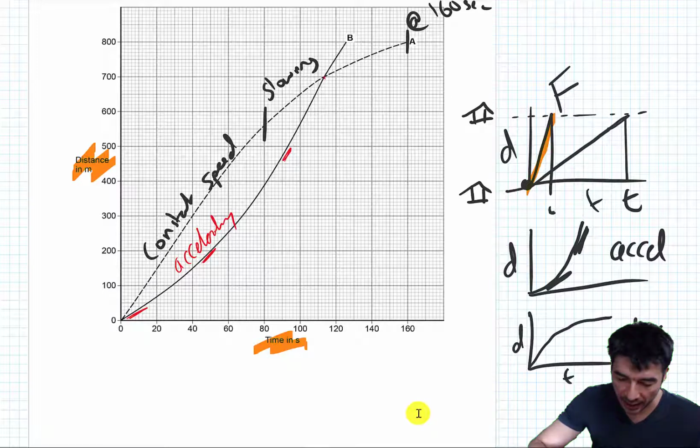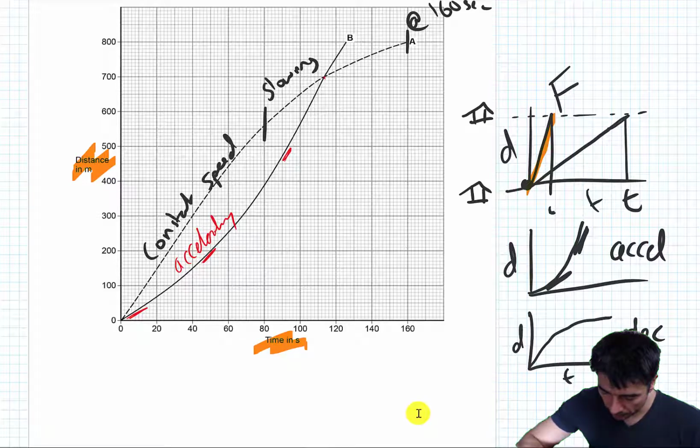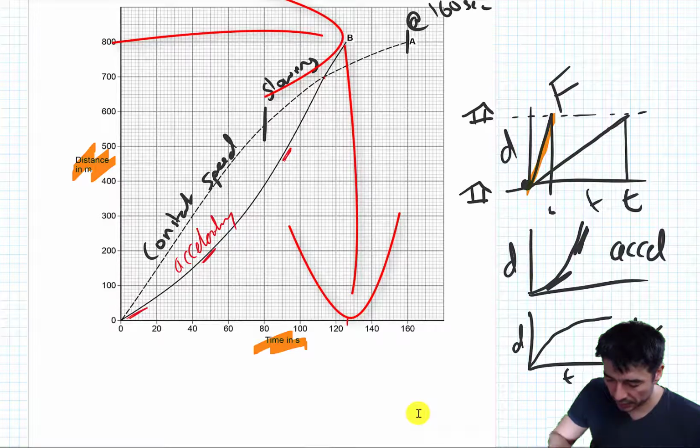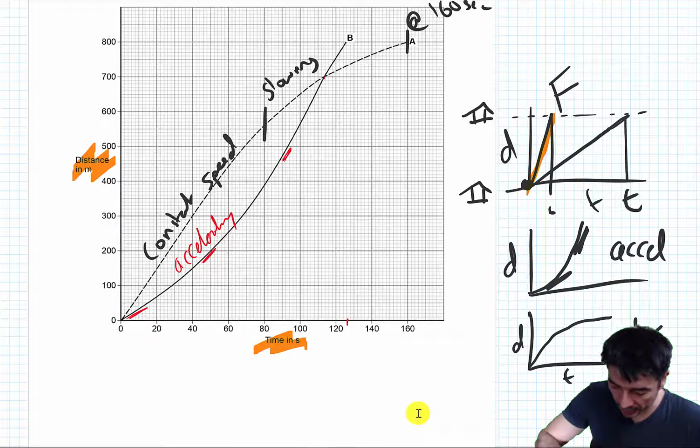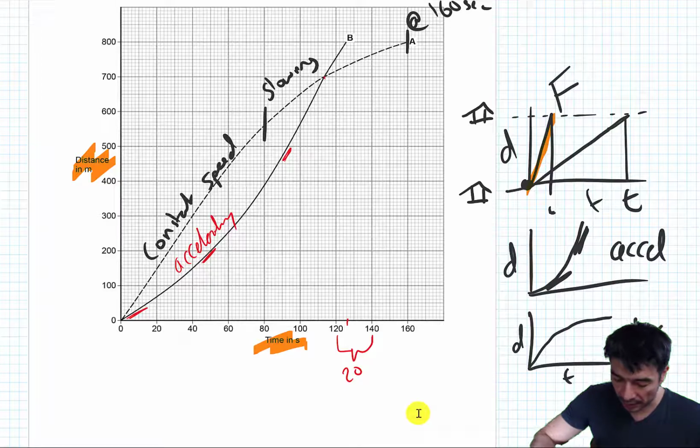B is at 800 meters at, let's work this out. There are 20 seconds between here and here, and there are 10 squares, so that means each square is worth 2 seconds. So this is 126 seconds.